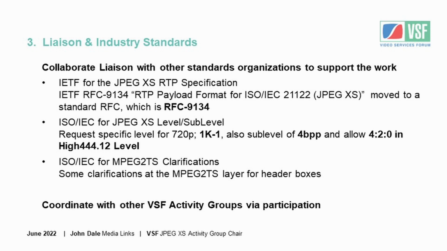The middle bullet there: there is a 2K-1 level now in the JPEG documents, and a sub-level of 4 bits per pixel, which weren't there when we started. Those were changes that we were able to initiate in those documents because we use them in our recommendation.